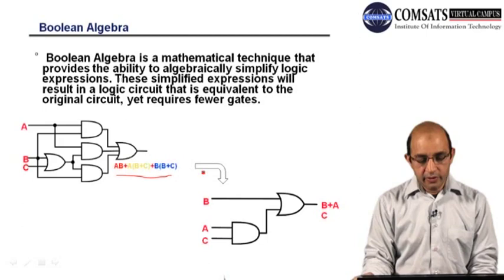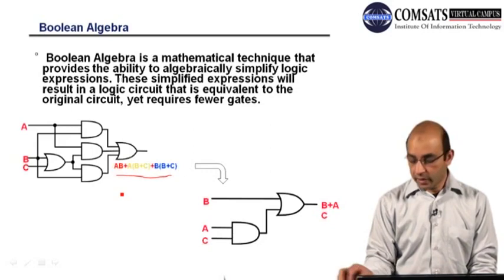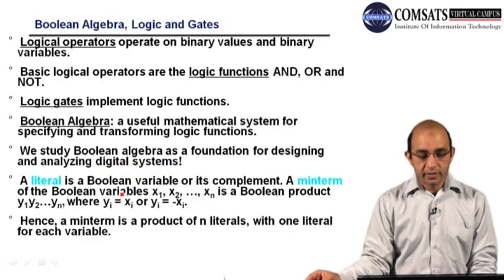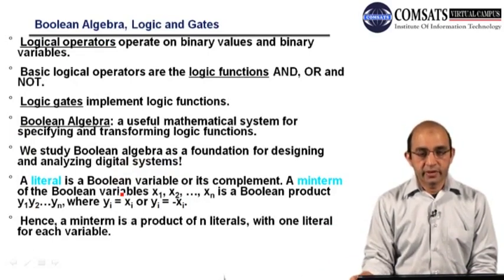But you can use only 2 gates and it will do the same job. So what we did here is use Boolean algebra as a tool to simplify this circuit. We will be looking, over a number of slides, at how we normally handle Boolean algebra when we simplify different circuits.